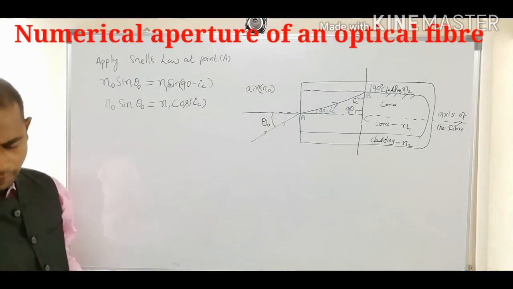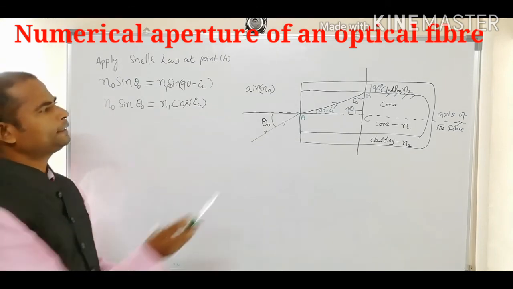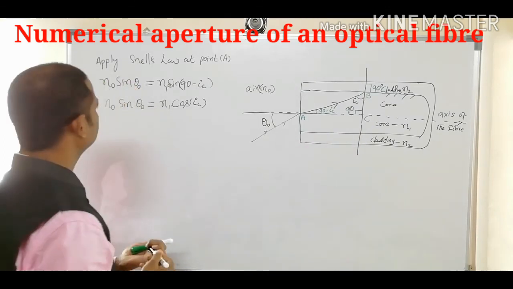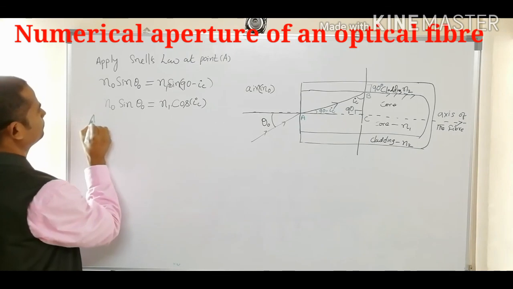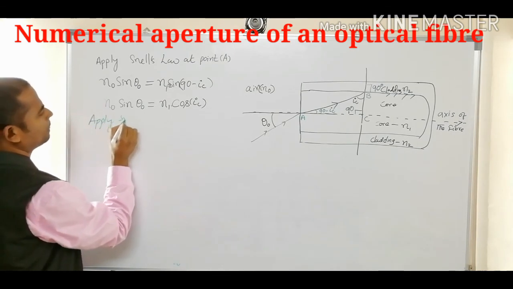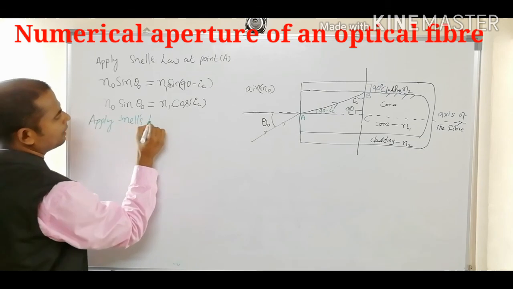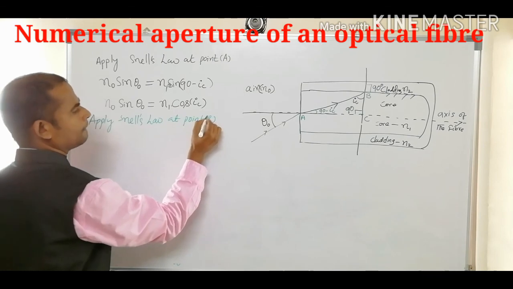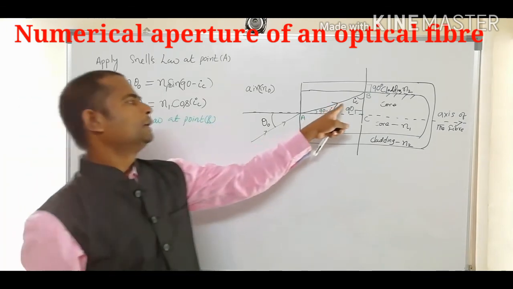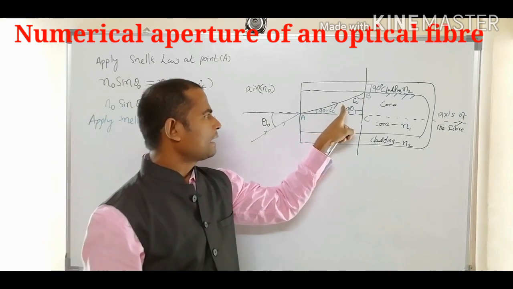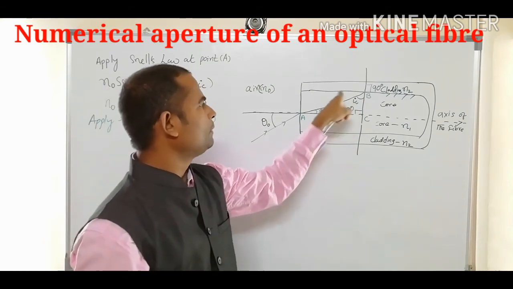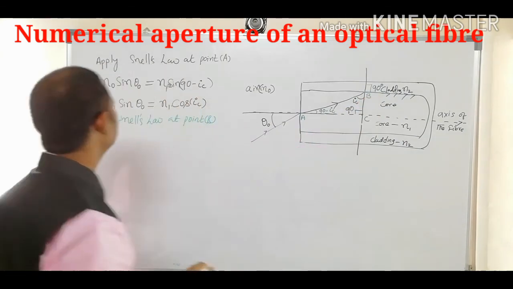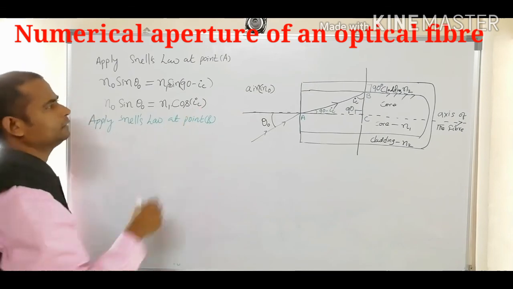Now let us apply Snell's law at point B. This is the point B. Here the incident ray will be in the core medium and the refracted beam will be in the second medium, that is the cladding.